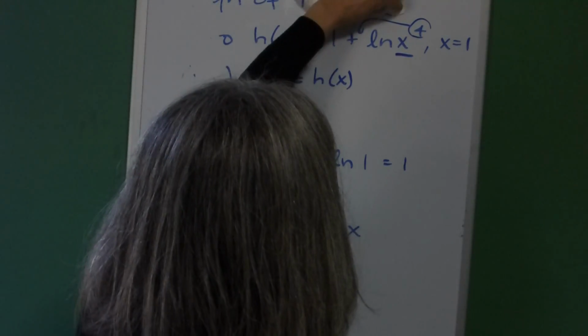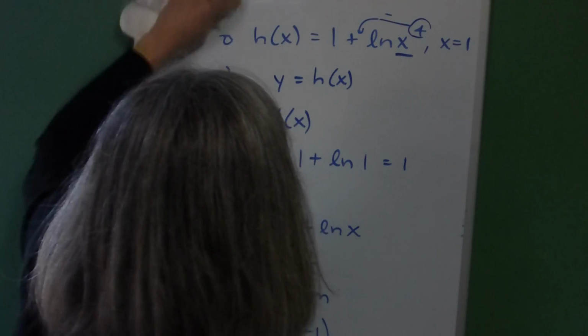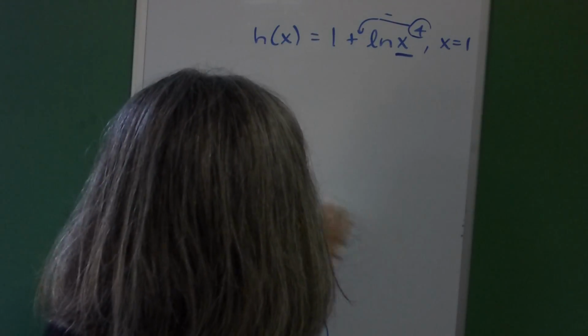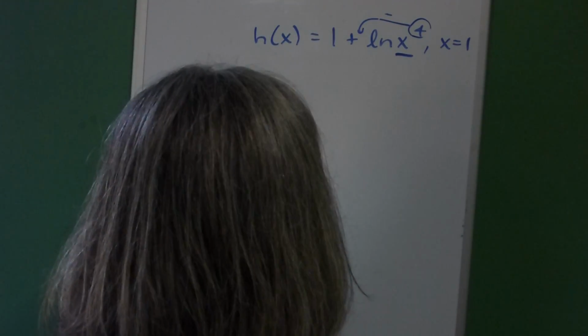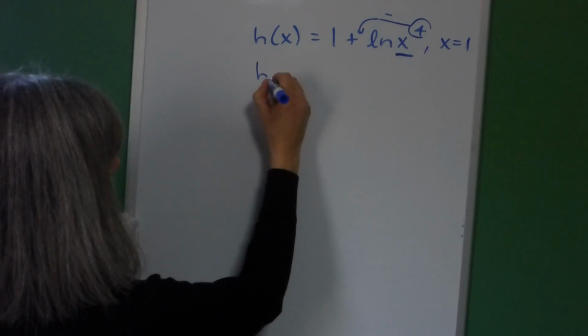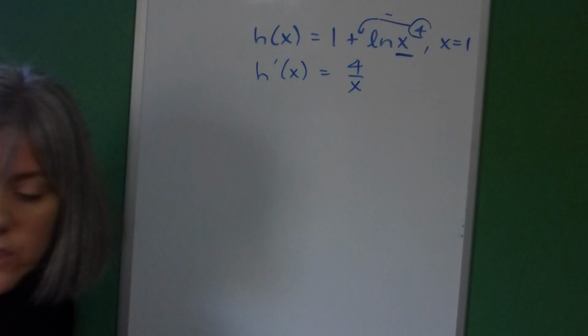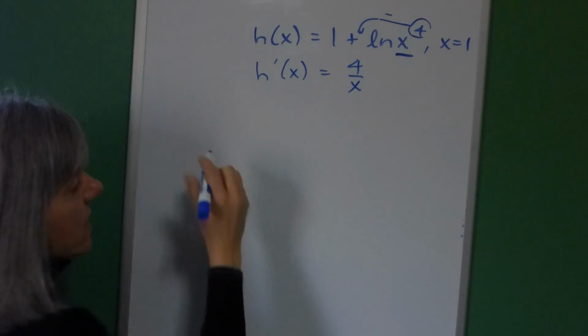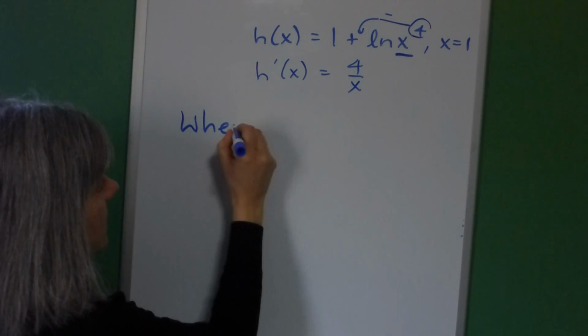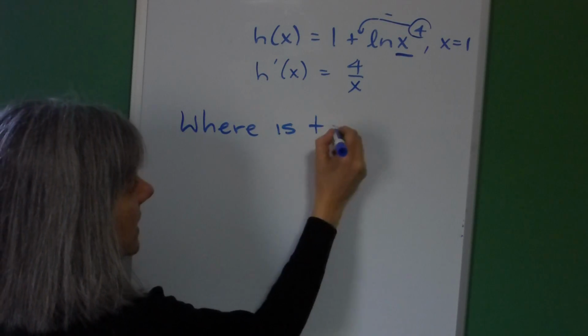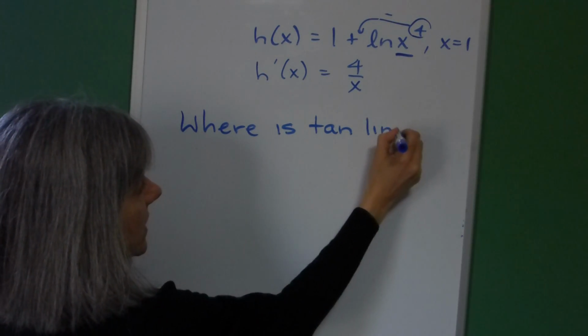What if I have the same function, and so we have the same derivative, and I want to know where the tangent line is horizontal?